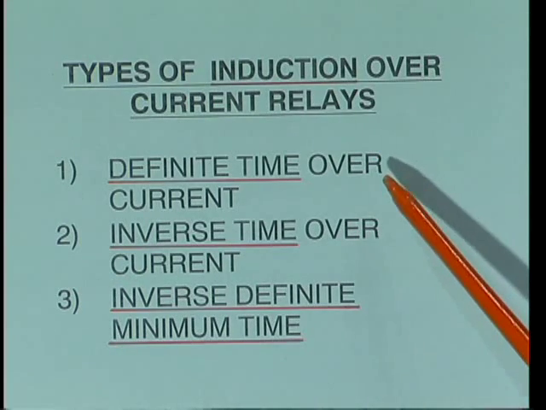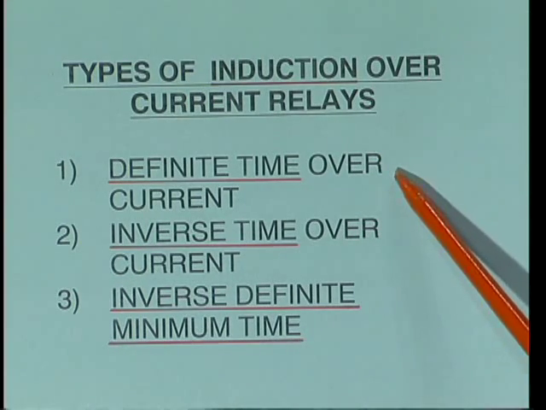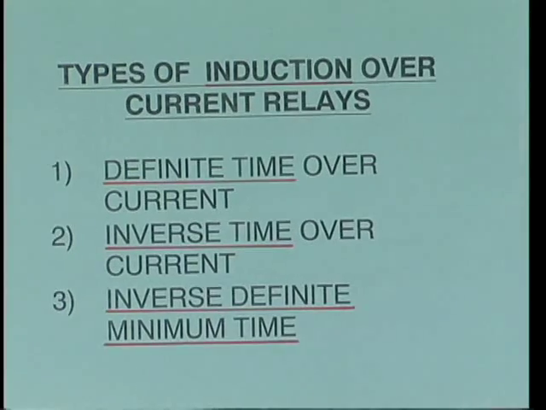So coming to the first one, definite time overcurrent relay. These relays operate after a predetermined time when the current in the circuit exceeds a pickup value. Then the relay operation comes into picture.